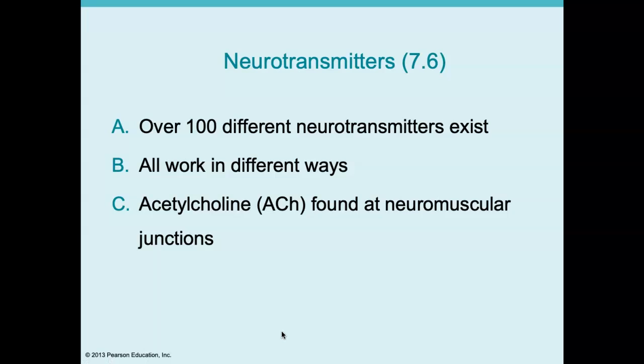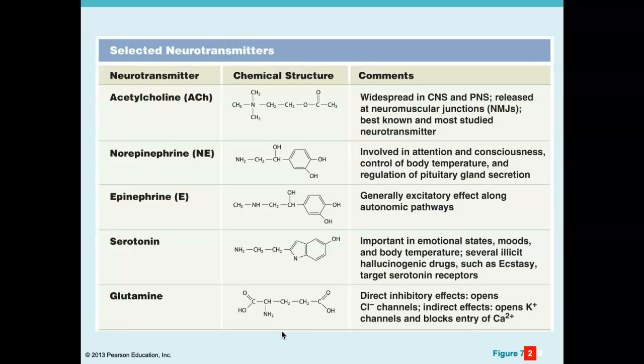Over 100 different neurotransmitters exist. They all work in different ways. We've already talked about acetylcholine, which is found at the neuromuscular junction, but elsewhere in the body as well. And here are some of these neurotransmitters: epinephrine and norepinephrine. Serotonin, you've probably heard of.